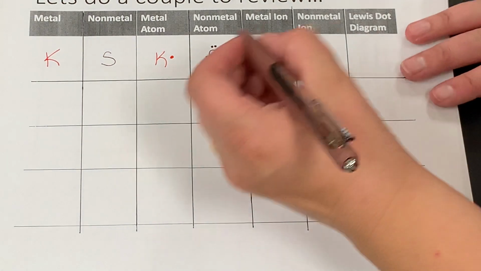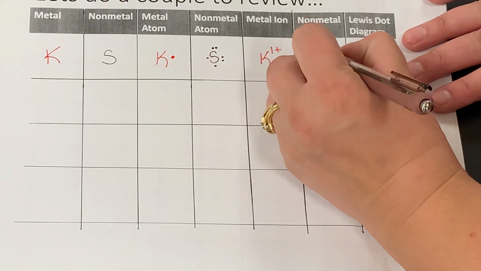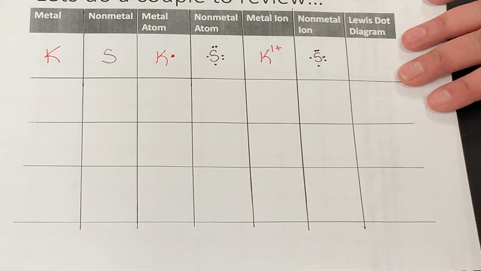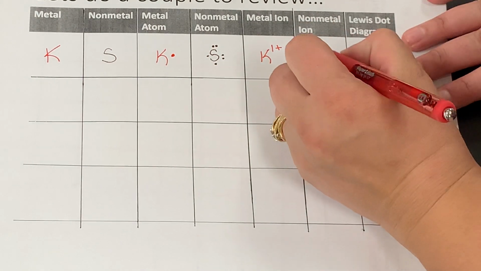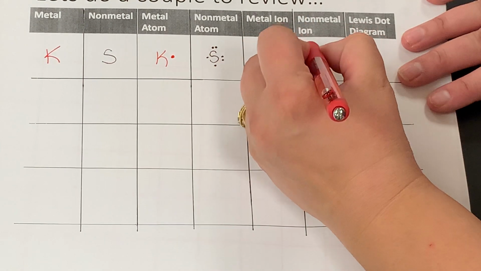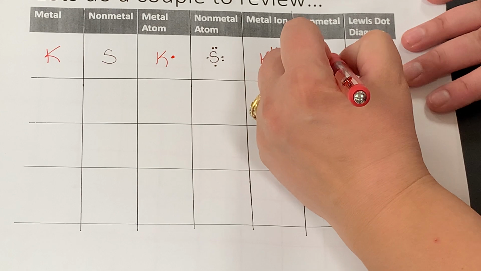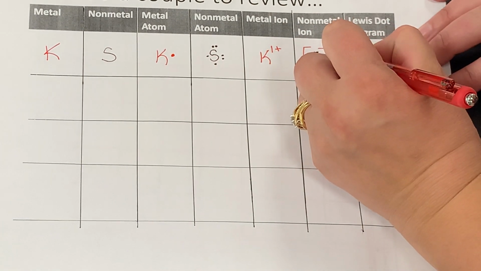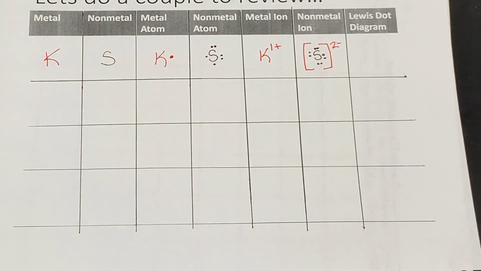Sulfur, on the other hand, we're going to start sulfur with its 1, 2, 3, 4, 5, 6. We are going to add electrons till we get to 8. So 7, 8. And then we're going to put that guy in brackets. And we added 2 electrons, so that gives sulfur a charge of 2 negative.